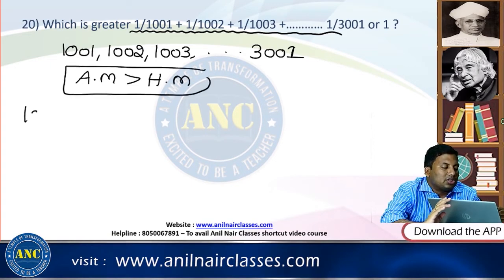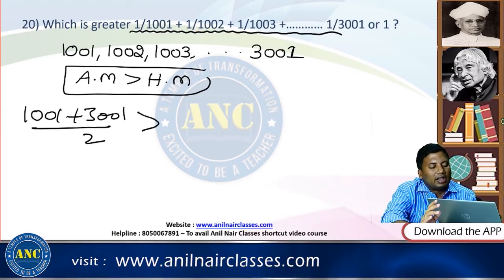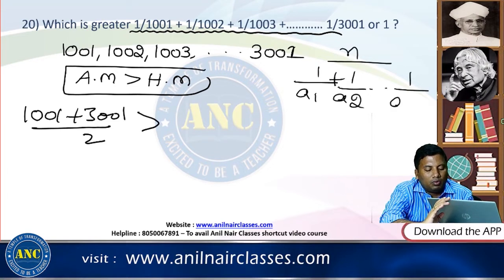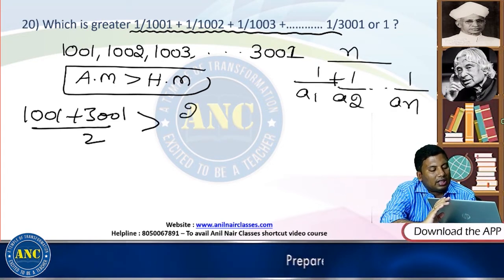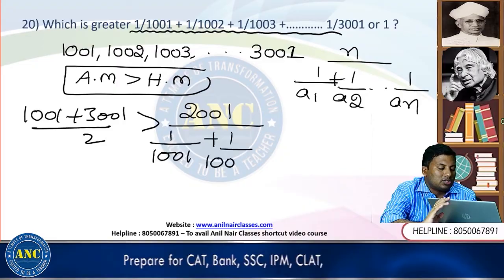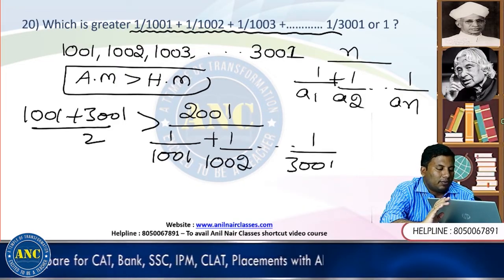Arithmetic mean is first term plus last term by 2, divided by 2, greater than harmonic mean, which is given by n by 1 by a1 plus 1 by a2 and so on up to 1 by an, greater than 2001 divided by 1 by 1001 plus 1 by 1002 and so on up to 1 by 3001.